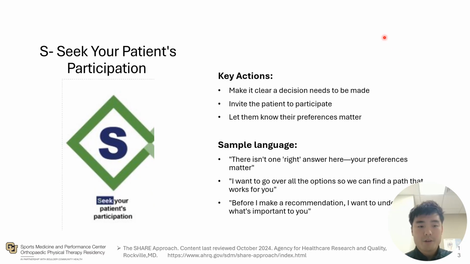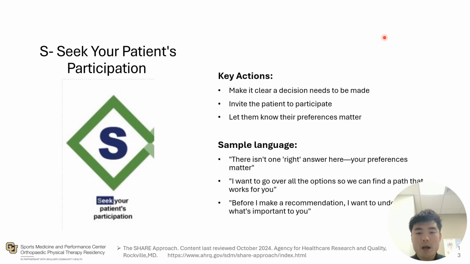Language matters here, right? How you present these topics or present your ideas matters. And so how you ask them to be involved will matter. Some examples of phrases you could say are: there isn't one right answer here. Your preference matters. Or I want to go over all the options so we can find the best path that works for you.